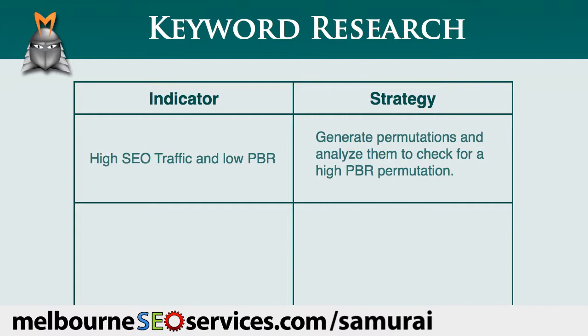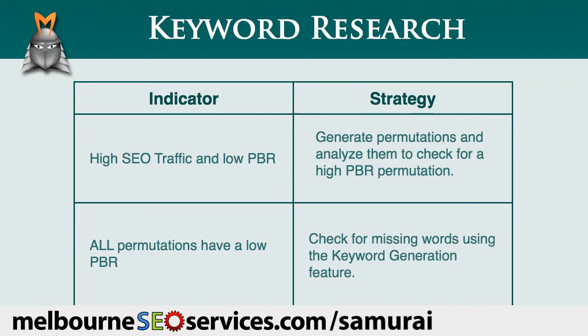If when you study these phrase permutations you discover that they all have a low PBR, then the next step is to check for missing words using the keyword generation feature, which generates longer tail derivative phrase alternatives. It's important to realize that Market Samurai is a very powerful and open-ended tool.